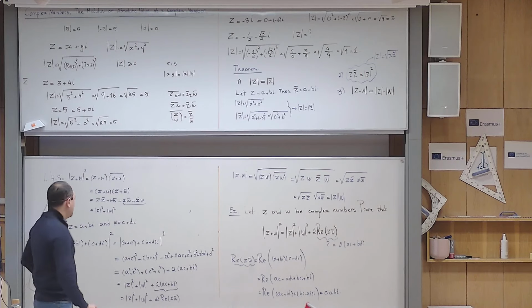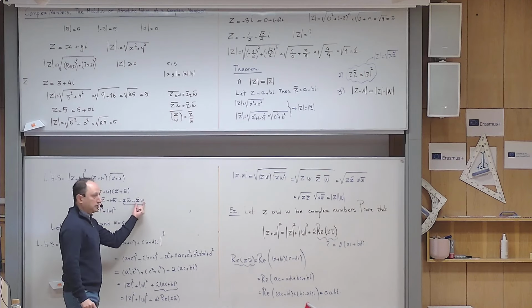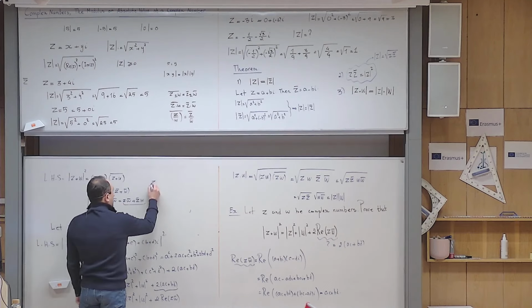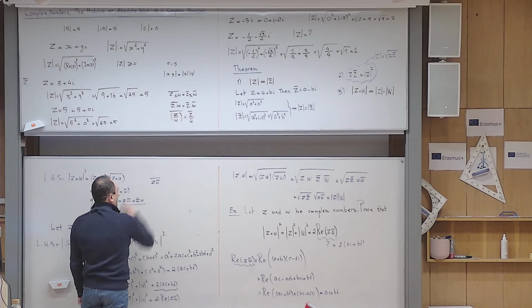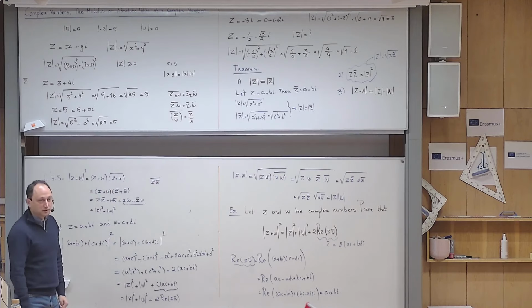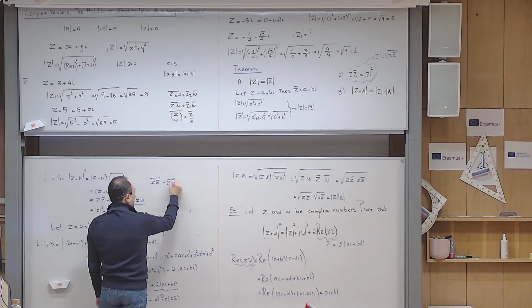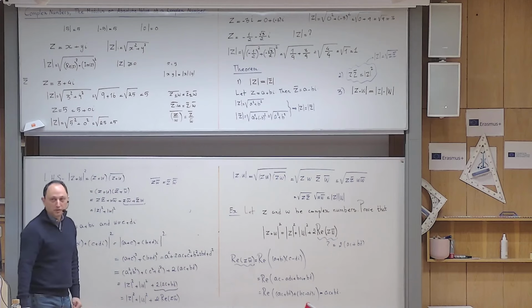My claim is that the second term is the conjugate of the first term. Is that right or not? What do I mean? I mean the conjugate of Z W bar. What happens? I can write Z bar W bar bar. But what is W bar bar?